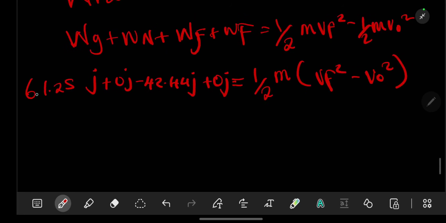So we have 61.25 minus 42.44, which gives us a value of 18.81 joules, which should be equal to half.